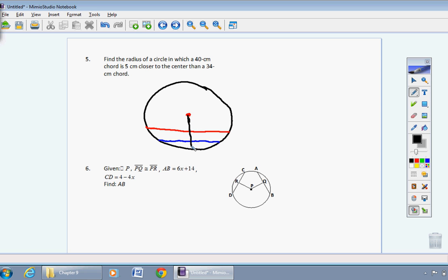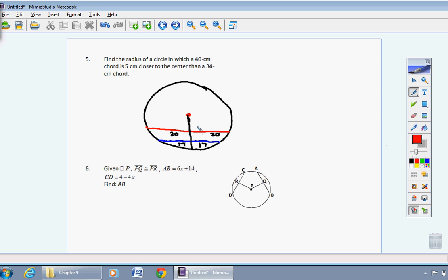So we know the theorem that we talked about earlier, that if a radius is perpendicular to a chord, then it bisects the chord. So that makes this distance 20 and 20, because the entire chord is 40, and it makes each of these 17, because the entire chord is 34.